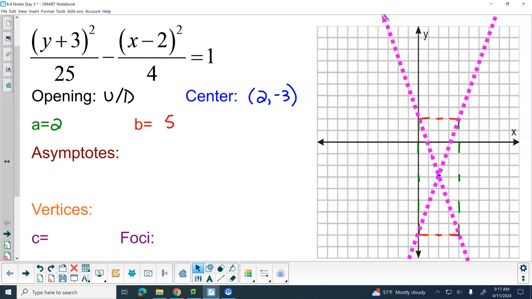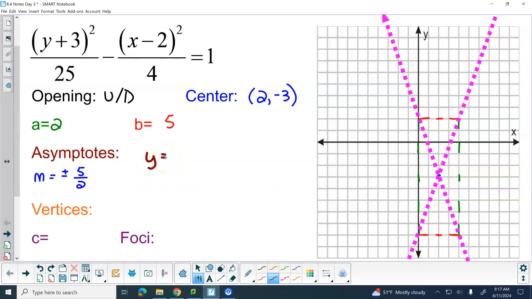Okay. We need to come up with the equations for our asymptotes. What are the slopes of our 2 asymptotes? 5/2? Yep. Plus and minus, right? Okay. Right. So what do we got? Talk to me. What, Phoenix? Give me one of them. Minus 8.